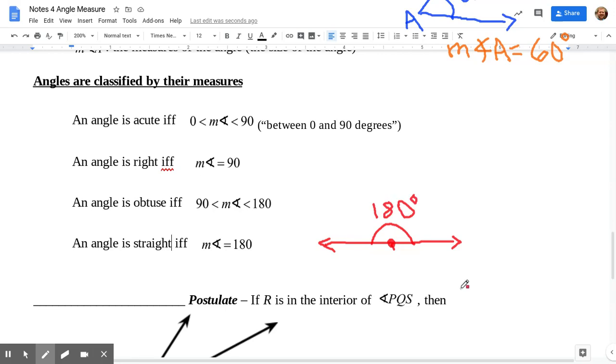And so something very important for us to know is that with any straight line, anytime you are told that you have a line, the angle measure that opens up to that line is 180 degrees. Very useful and very commonly used.